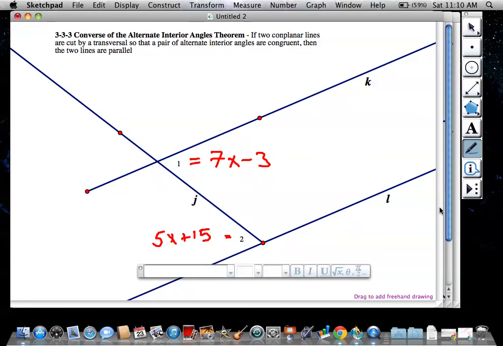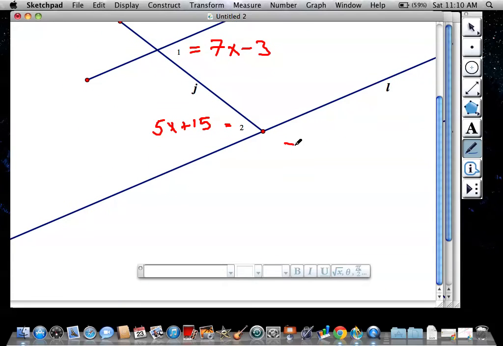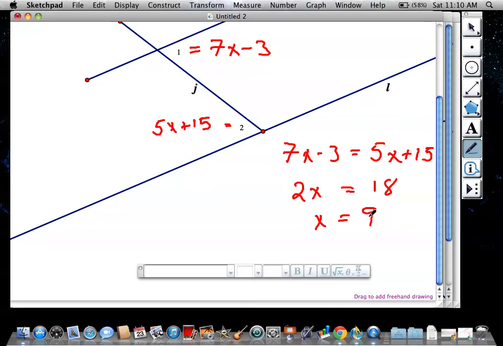And so I would set them equal to each other and solve. So 2x equals 18. Divide by 2, x equals 9. So if x equals 9, that means that K and L are parallel. If you plug in any other value other than 9, that means K and L would not be parallel. Okay. Next.